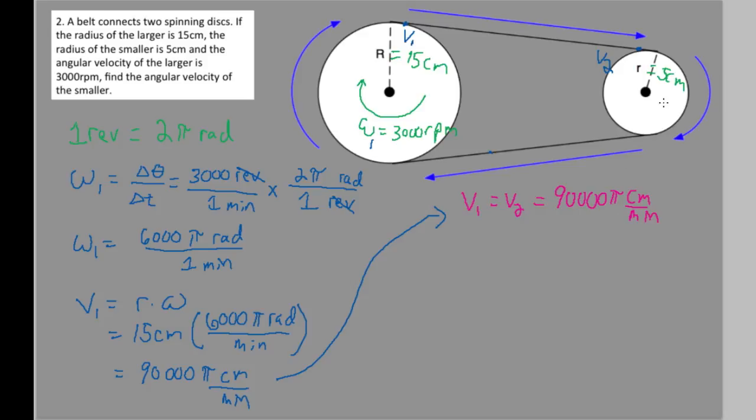I need to convert this into an angular velocity. Again, I'll use my formula. V2 equals radius 2 times omega 2. I'm going to take 90,000 pi centimeters per minute and say that that equals 5 centimeters times the second angular velocity.